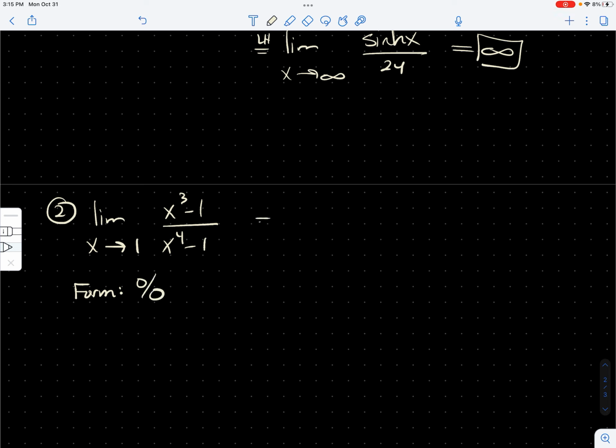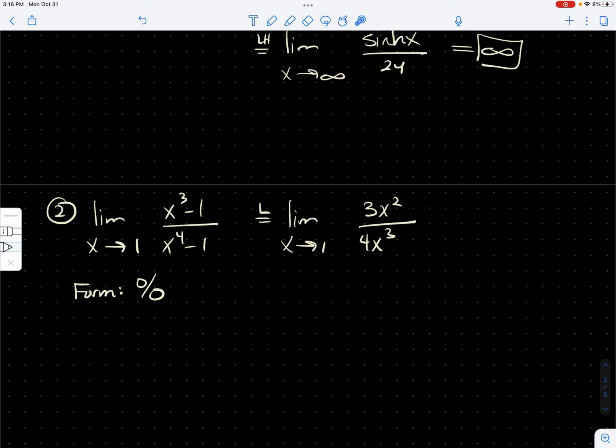And so this is another indicator that we should do L'Hopital's rule. We have the limit as x goes to 1 of 3x squared over 4x cubed. Now, if you think about forms, you just plug in and you get 3/4. So this one, there's not a lot to this one. This one is pretty clean. If this was going to 0, you might get a mess over a mess.